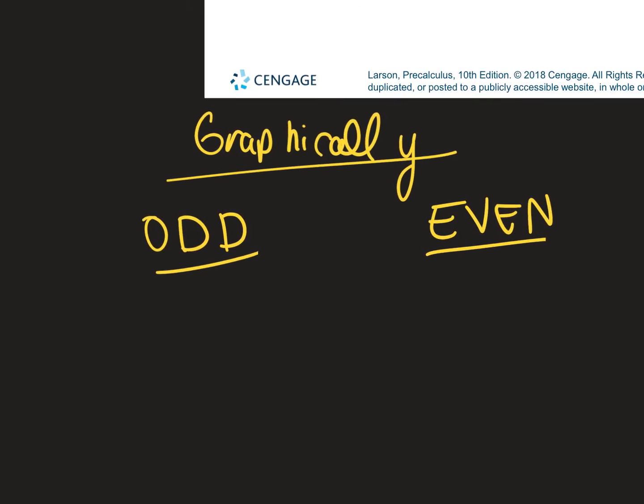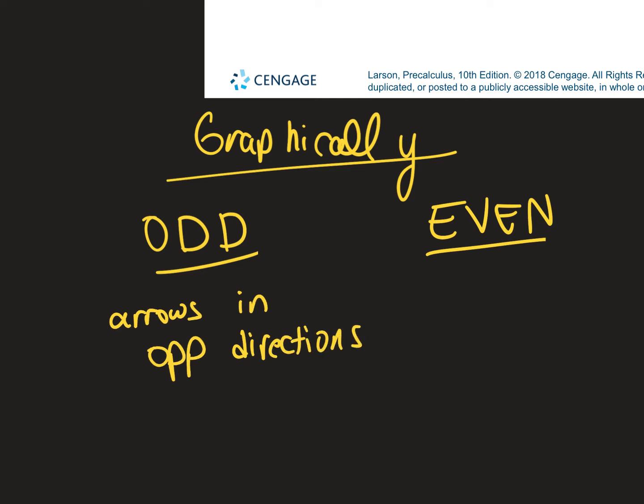So for an odd function, there are 2 things that have to happen graphically. First of all, the arrows, the ends of the graph, go in opposite directions. That means one up and one down.